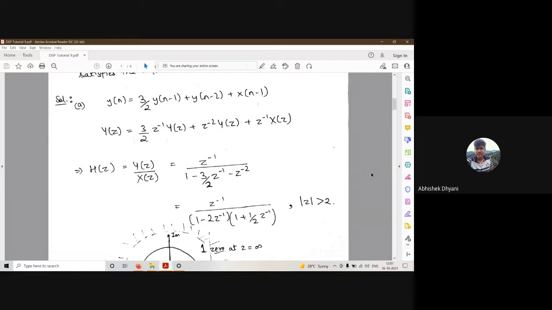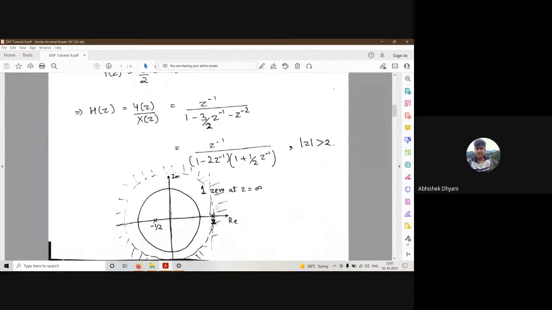If I have to plot this, this is the unit circle denoted by this dark line, and this is |z| equal to 2. I have also plotted the poles, which are at z equal to 2 and z equal to minus 1/2.